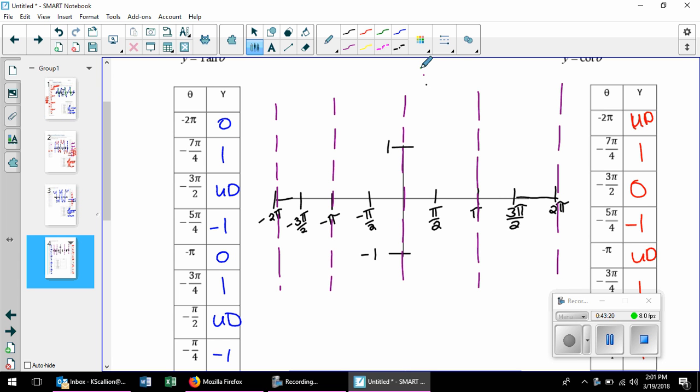So -7 pi over 4 is a +1. -3 pi over 2 is 0. And then -5 pi over 4 is a negative.